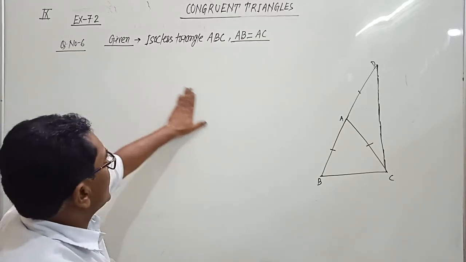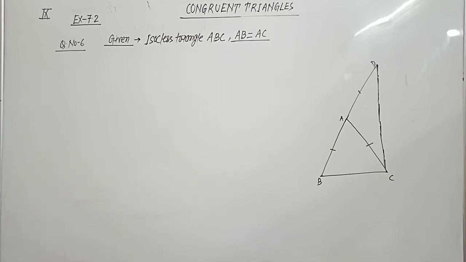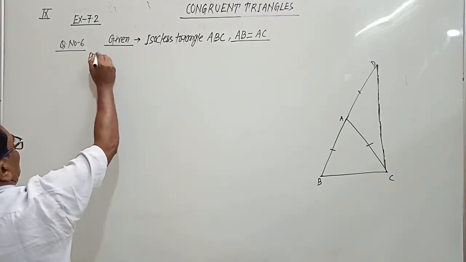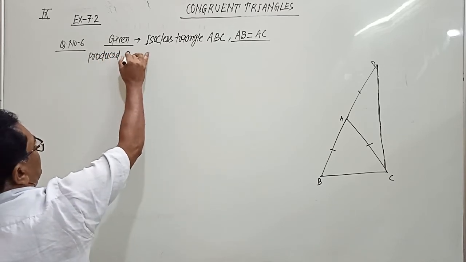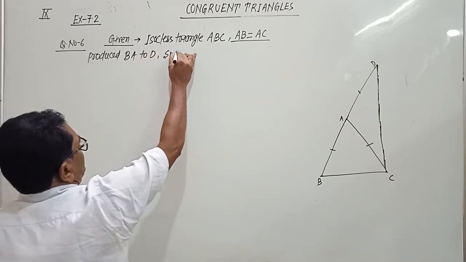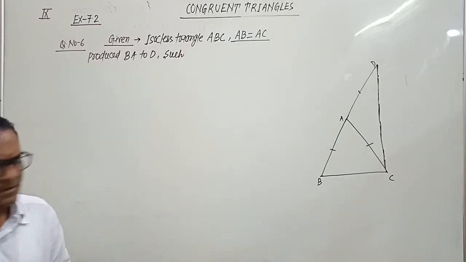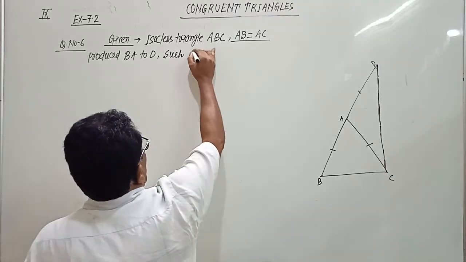So in isosceles triangle ABC, AB equals AC, and BA is produced to D such that AD equals AB.